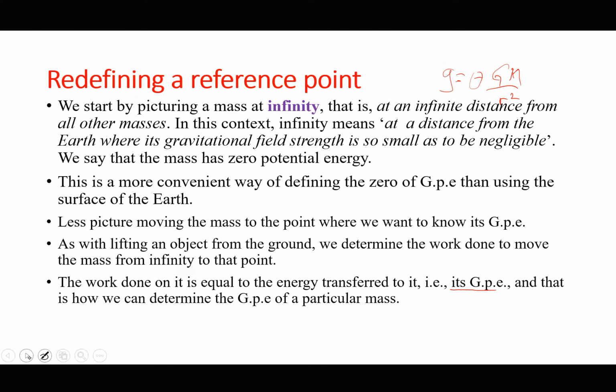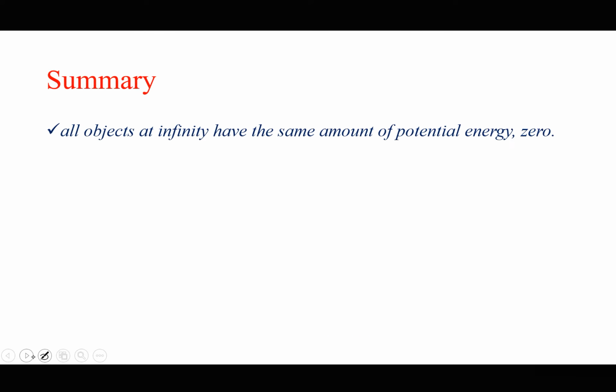In summary, all objects at infinity will have the same potential energy, which is 0. That's why we said infinity is a better reference point, because infinity gives the same potential energy, which is 0, for all objects.